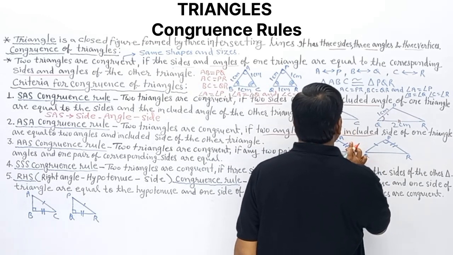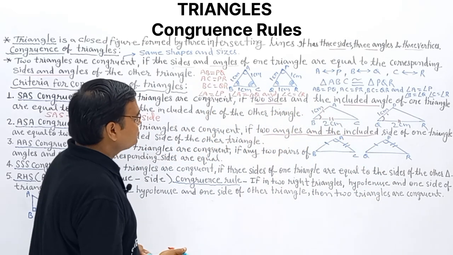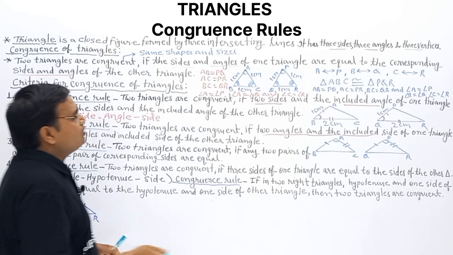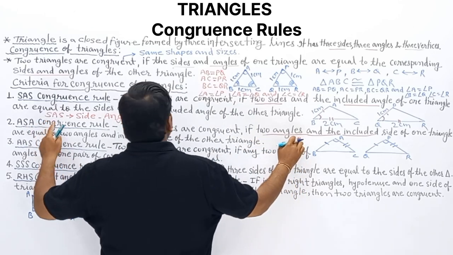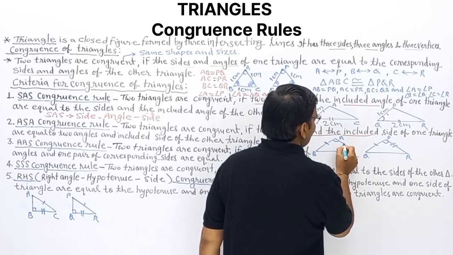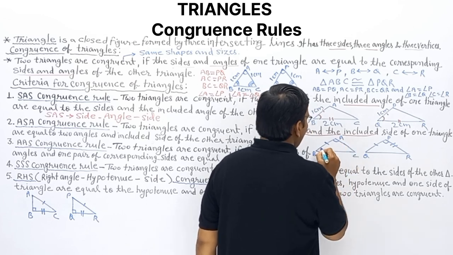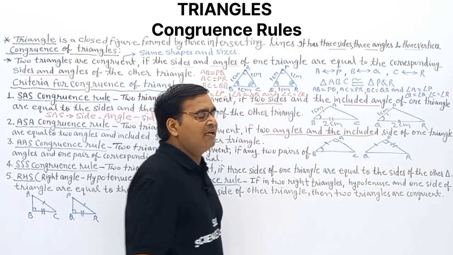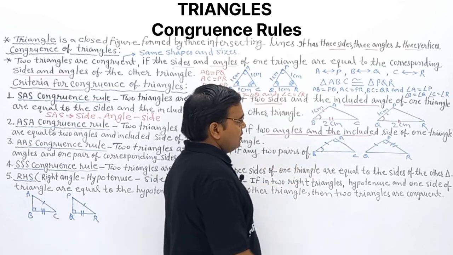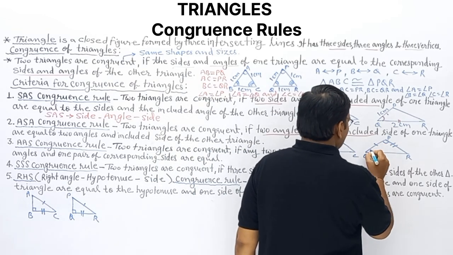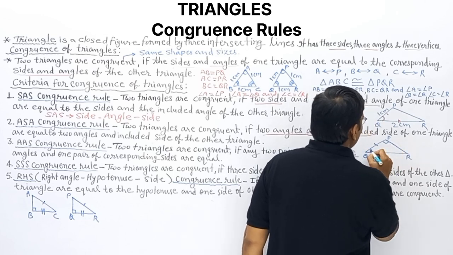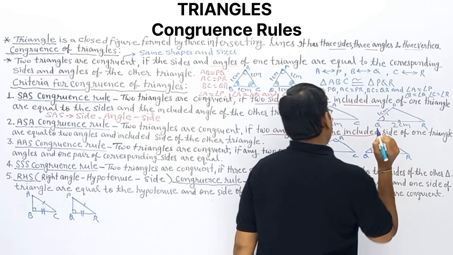Observe this one, how we will draw this one. Simple. It is having two angles. Angle side angle, two angles and the included side. Observe, these are two angles, angle A and angle B, and the included side, this side.